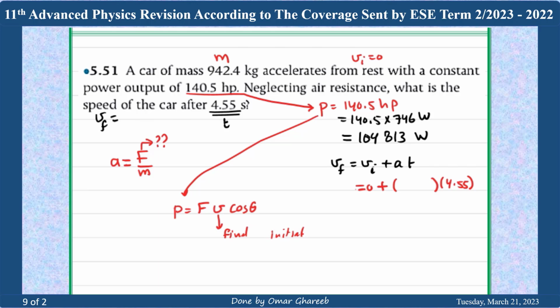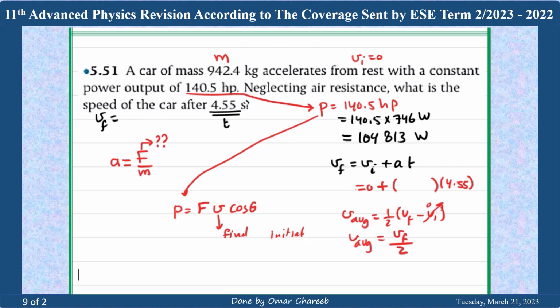As we mentioned before, if you use average velocity, then V would be average. What is the average velocity here? The average velocity, if the acceleration is constant, is 1/2 of V final plus V initial. We know that V initial is 0, so V average equals V final over 2.